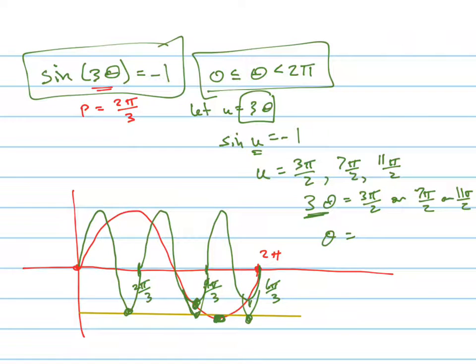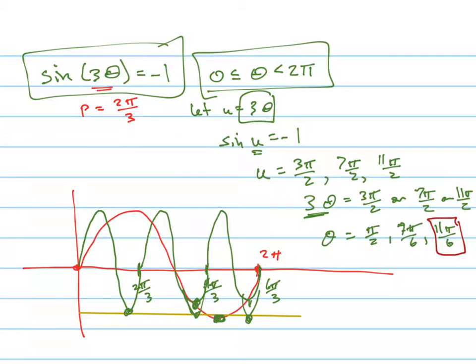It would be 3 pi over 6, which is pi over 2, or 7 pi over 6, or 11 pi over 6. Now you'll notice that this last answer is really close to 2 pi, so you know that you probably don't have any more. You could have kept going, but there's no need to, because we did that pictorially.